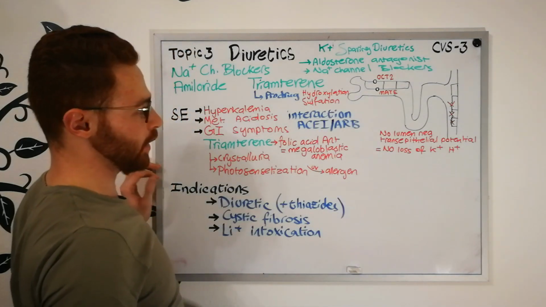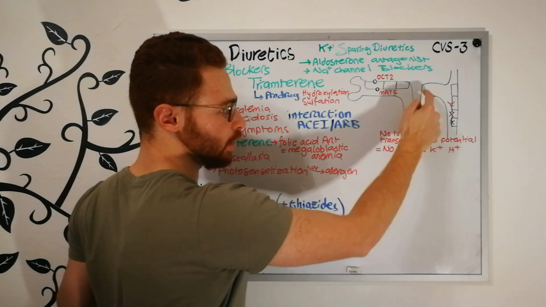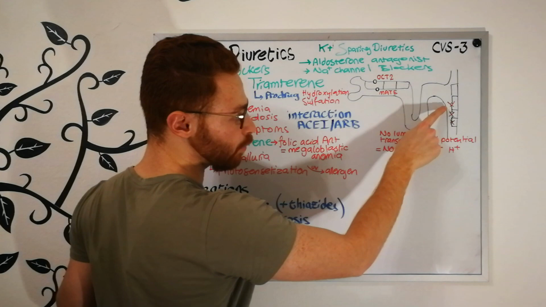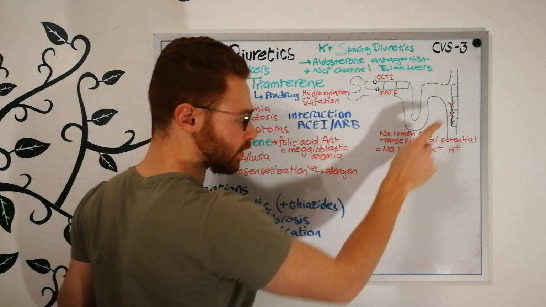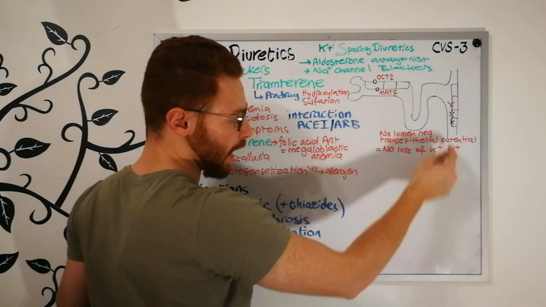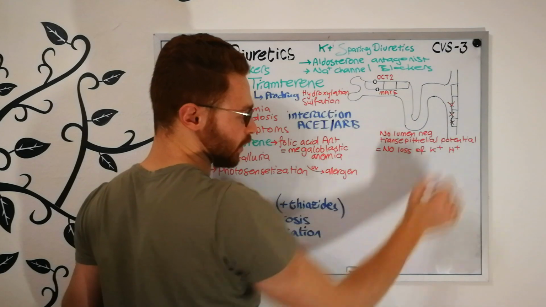Then they are going to travel through the nephron to reach the collecting duct. In the collecting duct, they are going to block the sodium channels, the epithelial sodium channels that are present on the apical membrane of the epithelial cells of the collecting duct.